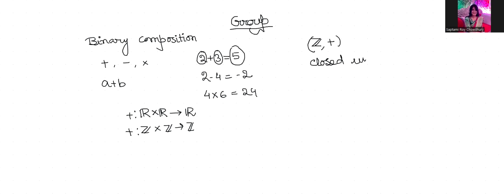What do we mean by closed under? The set of integers is closed under addition. That means if we take two integers and add them, we again get an integer, not any other number. If that happens, then we can write this structure Z, comma, plus.